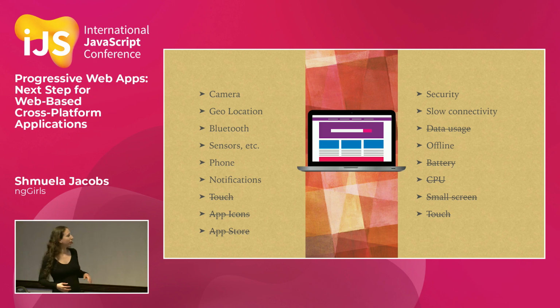Some laptops already have also touch, but maybe we want to consider it, maybe not, because there are laptops where we can use also the mouse and the keyboard. We can maybe use icons.